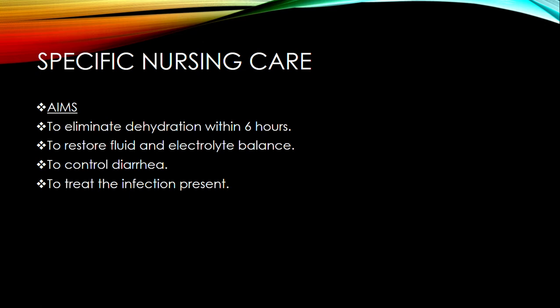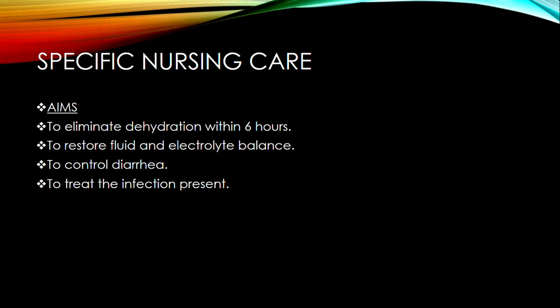Now let's move on to the specific nursing care that is going to be given to this child or patient. The aim of our nursing care is to eliminate dehydration within 6 hours.